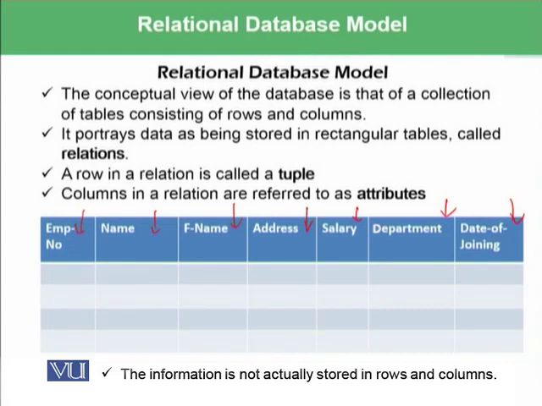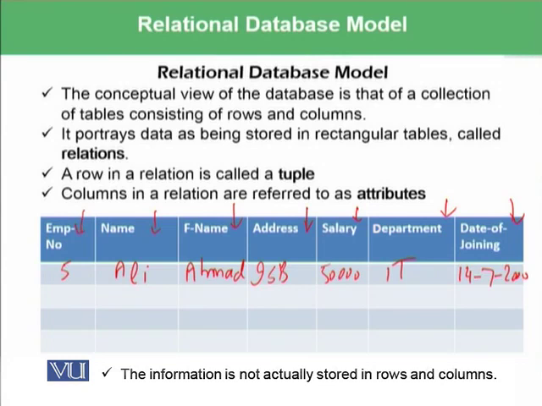So this is one of the relations, of employee, and it is storing the information related to an employee. For example, if there is an employee number 5, its name is Ali, its father name is Ahmad, address is, for example, Islamabad, salary is 50,000, department is IT, and date of joining is, for example, 14 July 2000.